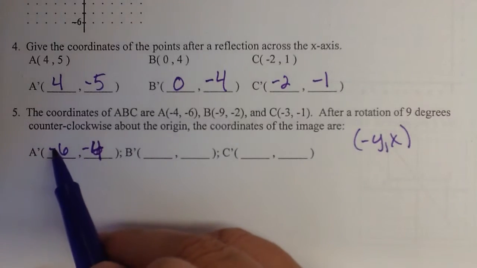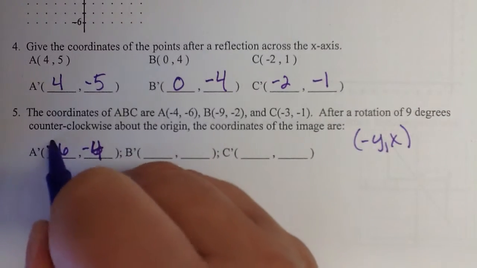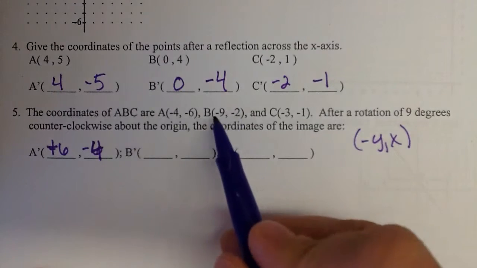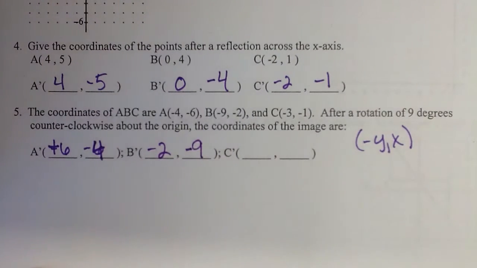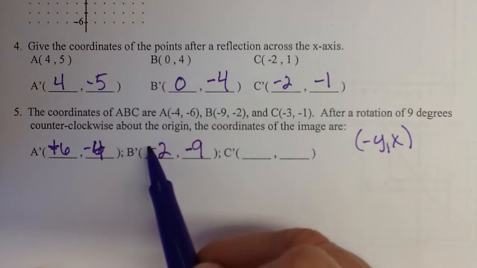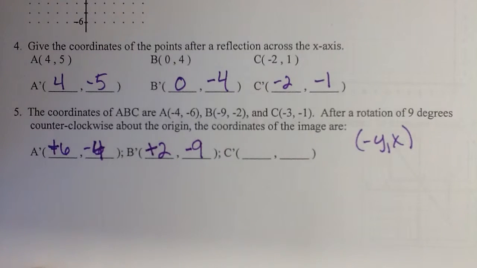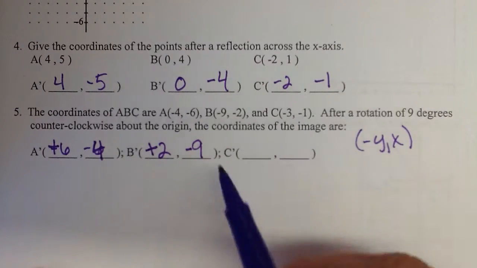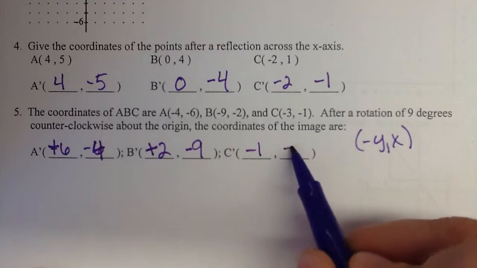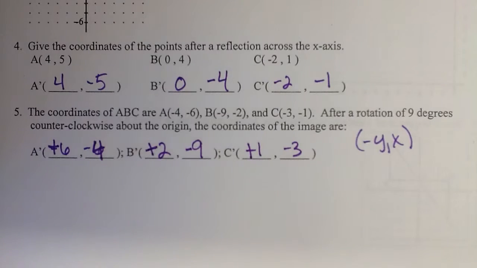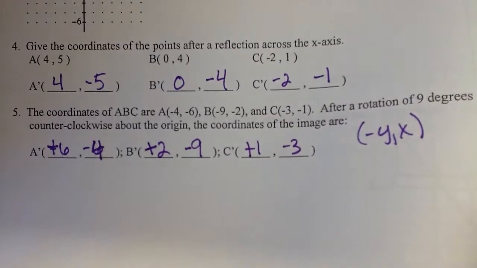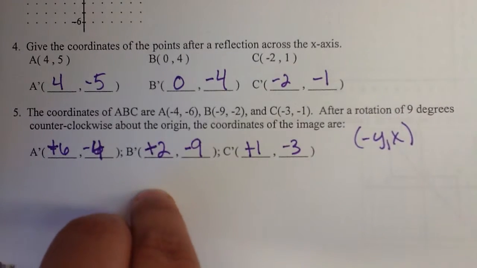So instead of being negative 6, it becomes a positive 6. Change their positions, negative 2, negative 9. Change the sign of the original y value. C, change their positions again. Change the sign of the original y value. So it would be 6, negative 4, 2, negative 9, 1, negative 3.